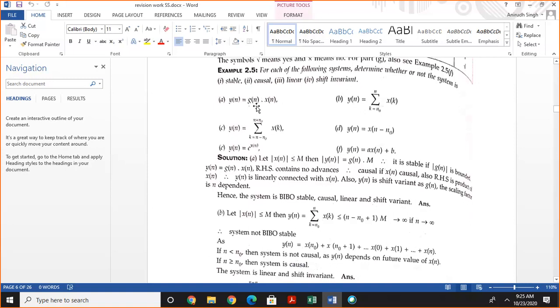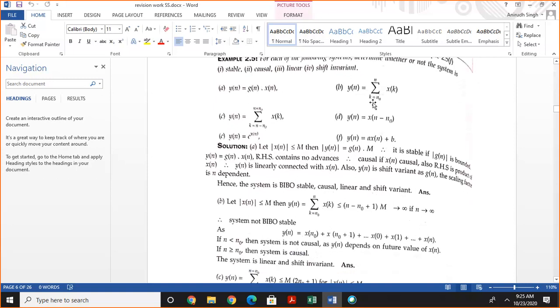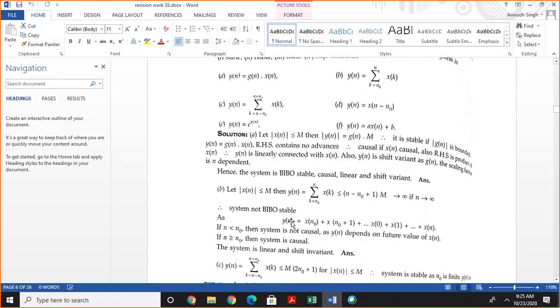Similarly, if this constant does not depend upon n, in that case the system is time invariant, and if this scalar is dependent upon n, then the system is not shift invariant.